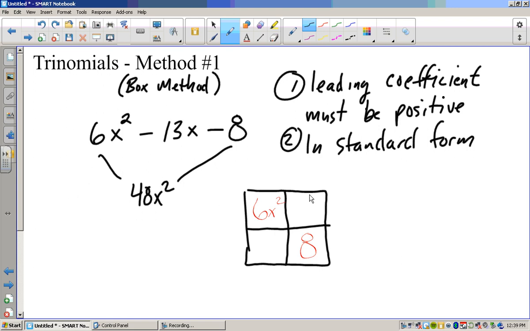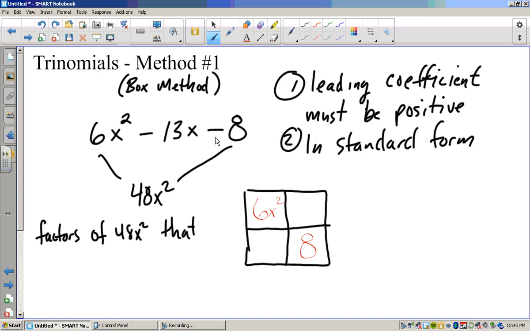So to get these last two spots, what I'm looking for are factors of 48. So numbers that can multiply together to get 48. Factors of 48x squared that subtract, because, and I'll put in parentheses, your constant is negative.